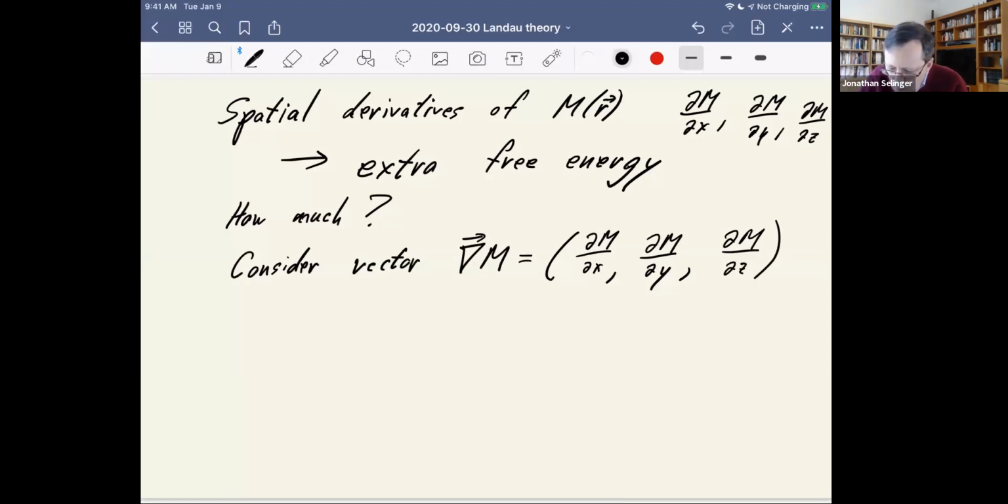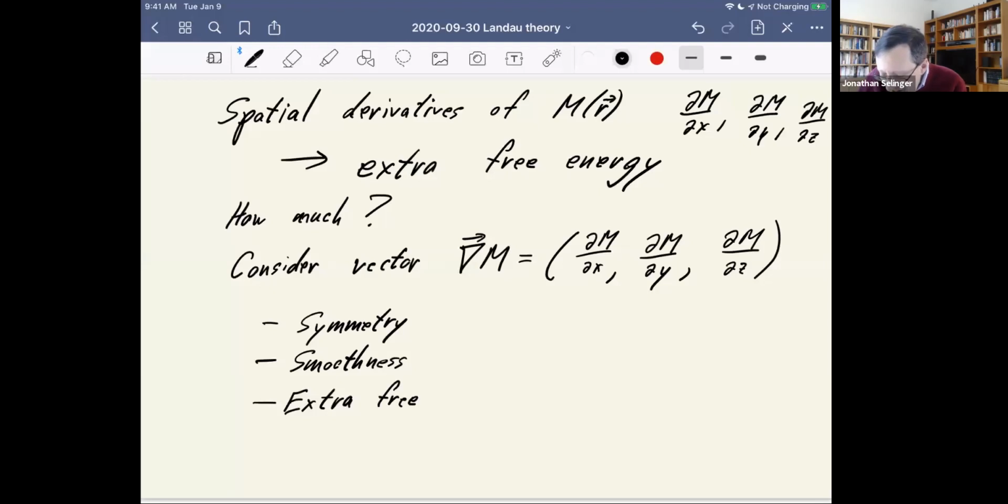So that requires symmetry and smoothness. And another feature, of course, is that the extra free energy must be a scalar. We don't have a vector free energy.